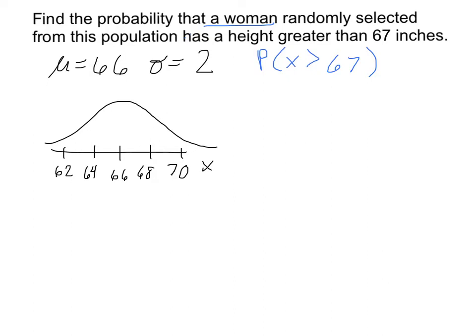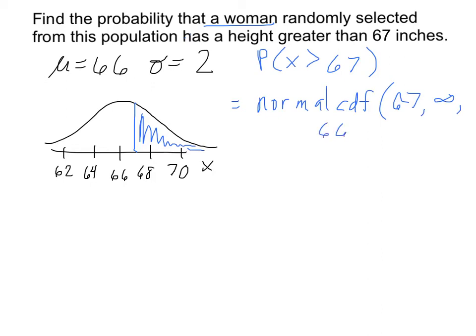If we're looking for the probability that x is bigger than 67 on this graph, it's going to be this shaded area here. We're going to get that using our calculator by using normal CDF. Our left value is 67, our right value is infinity, our mean is 66, and our standard deviation is 2.